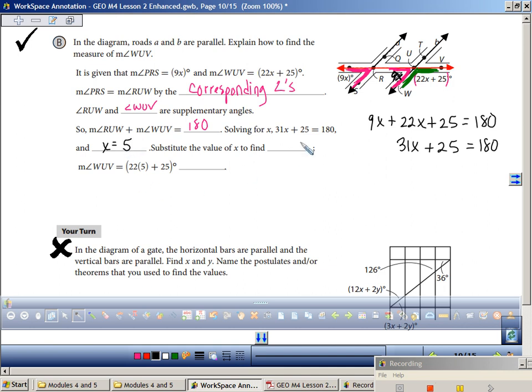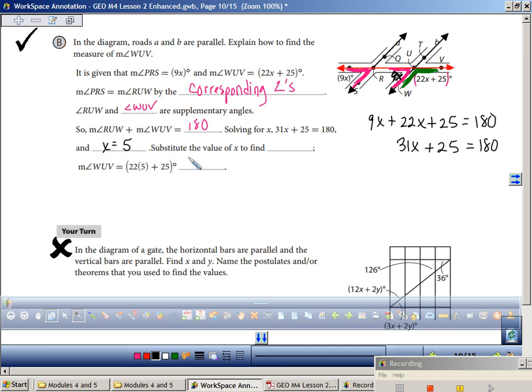Five, good. All right, it equals 5. Substitute the value of x to find what would this be? What do they want here in this blank? The answer. Okay, we know we're trying to find the angle.